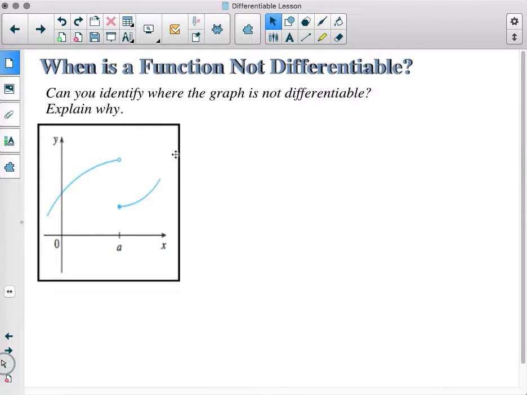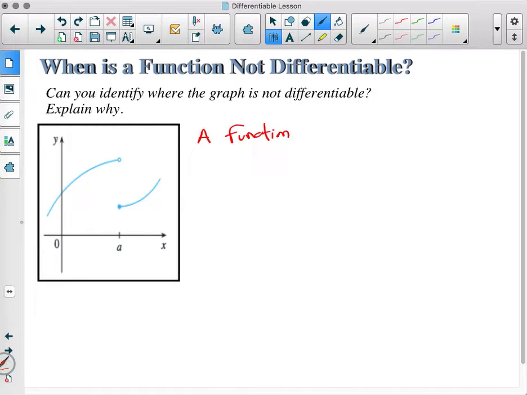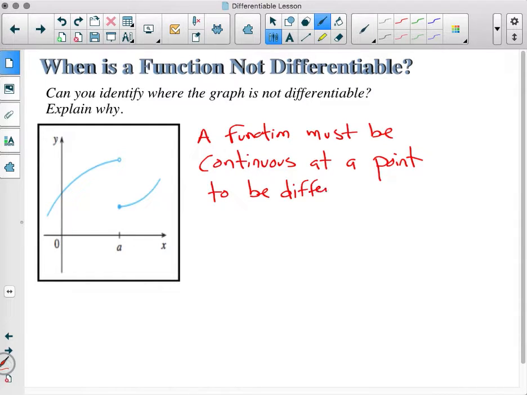If we come to this next example, we see that the function is not continuous at that point. So differentiability is going to require continuity. So the function must be continuous at a point to be differentiable. With that said, continuity alone is not enough for differentiability.